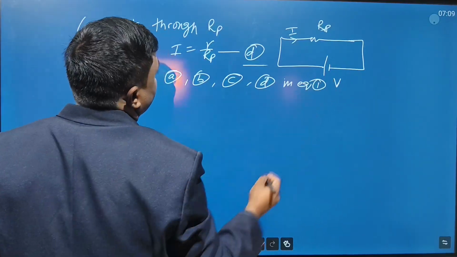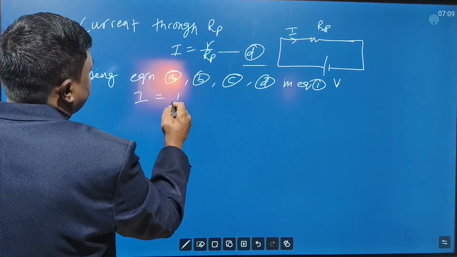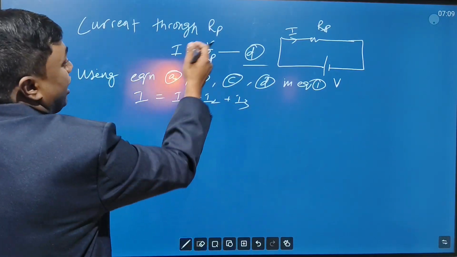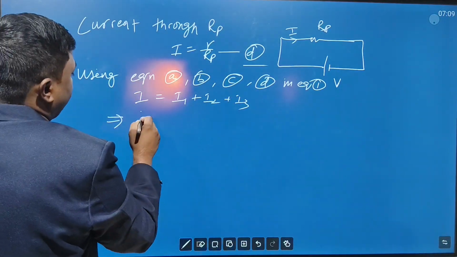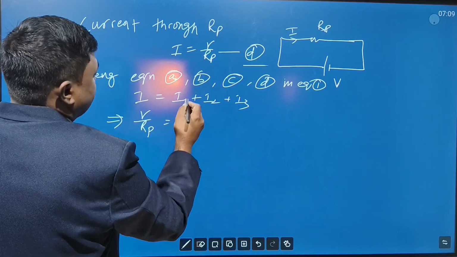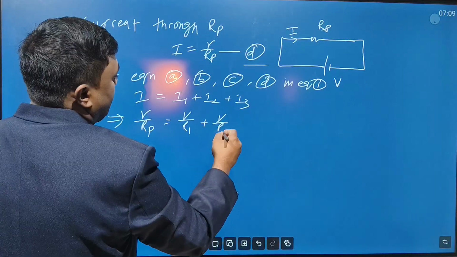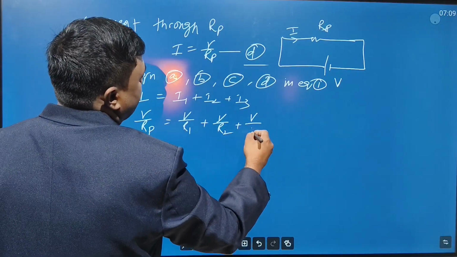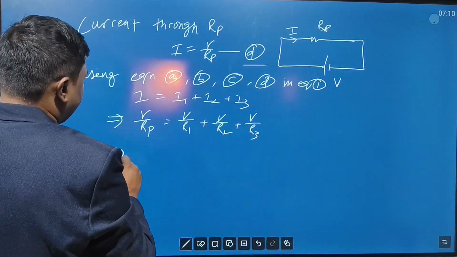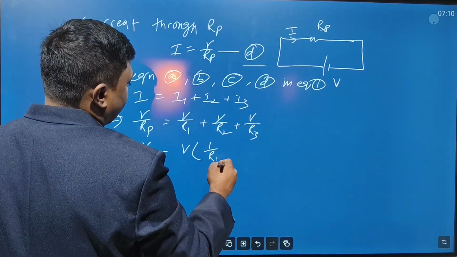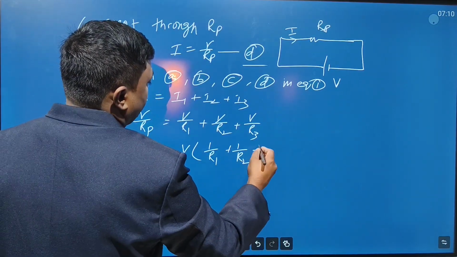So what is equation 1? I is equal to I1 plus I2 plus I3. What is I? I is nothing but V by RP. What is I1? V by R1. What is I2? V by R2. What is I3? V by R3. Yes or no? Now we can write V by RP, taking V common, is V times 1 by R1 plus 1 by R2 plus 1 by R3.